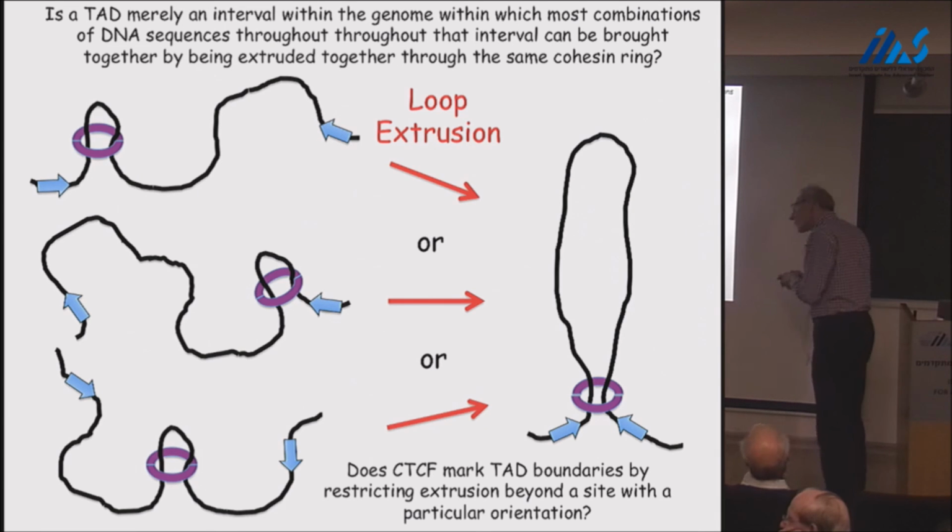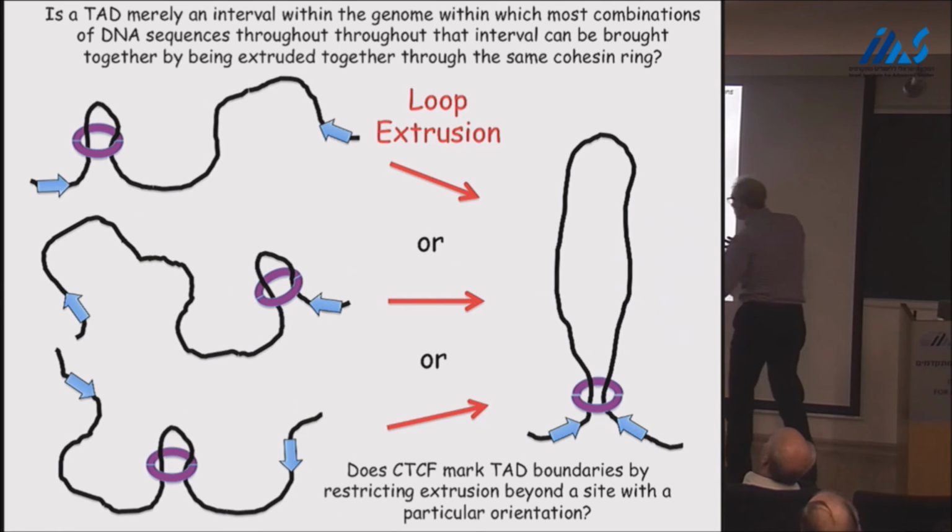What creates the TAD is not generating this structure. It is the process of these sequences being brought together through being extruded through the same device. If you take an amalgam of all these events throughout this interval, and assume it's random, you would generate the TAD. And I believe that is what a TAD is.